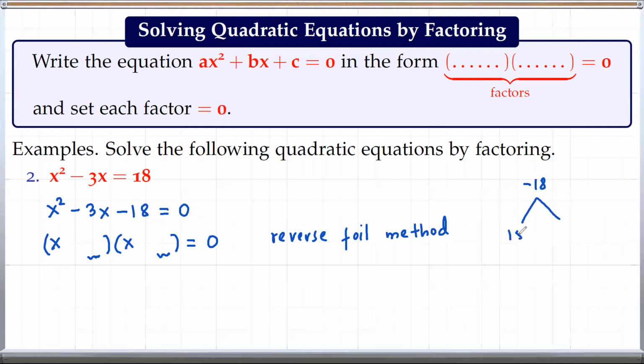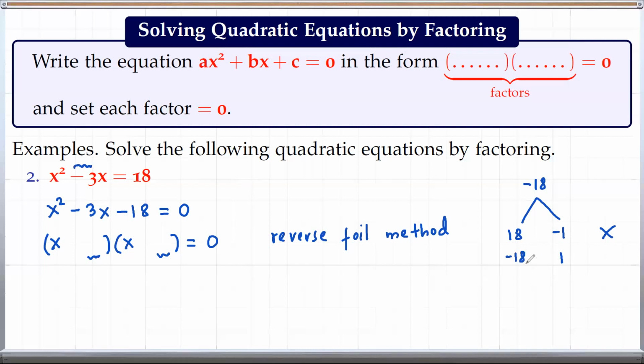Well, one of them is 18 times negative 1. So that would be negative 18. But we need the sum to be negative 3. So this one doesn't work because 18 minus 1 is 17. But we need negative 3 to be the sum. So that doesn't work. The other one is negative 18 times 1.